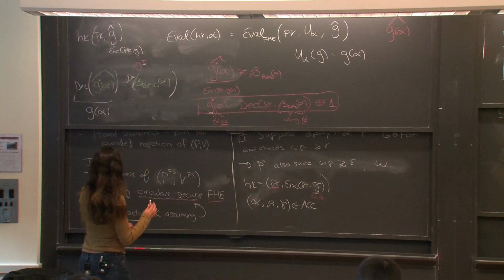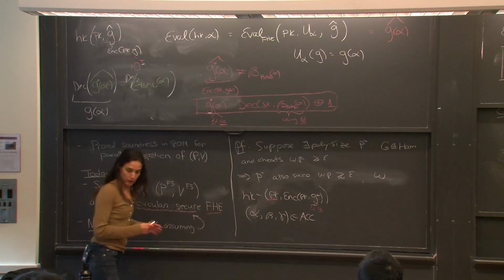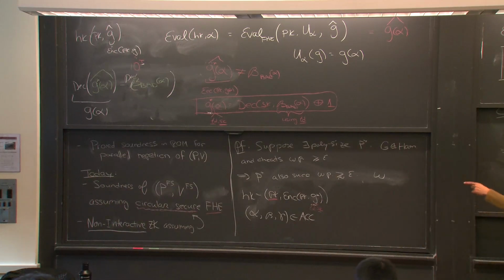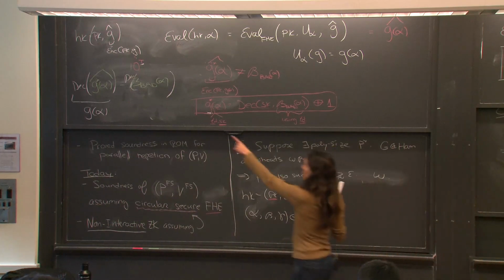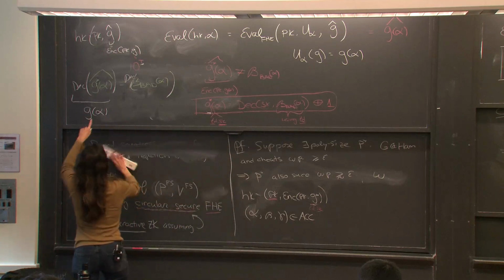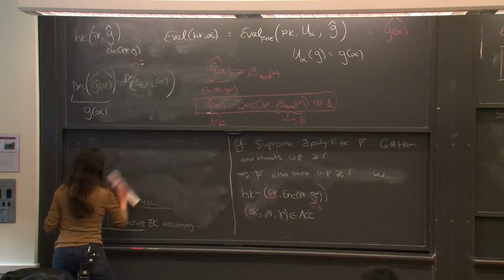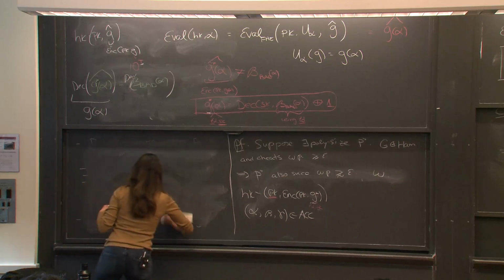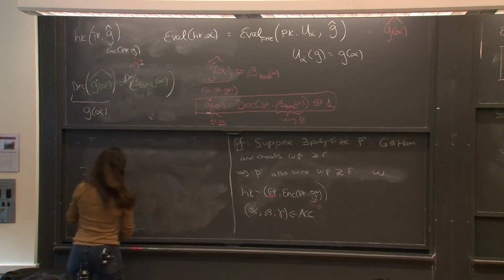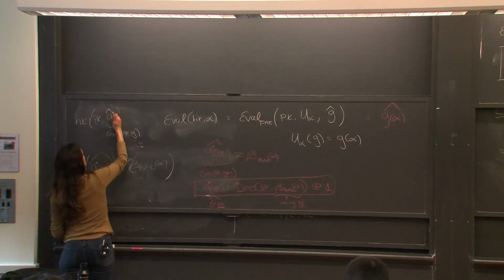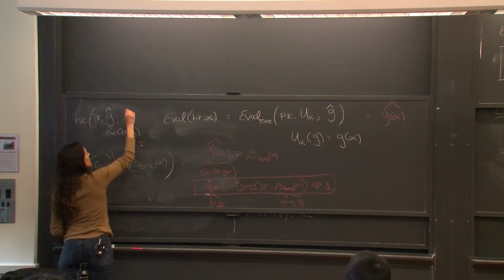Before, let me erase this, the hash key was exactly what we wrote there. That was the hash key. Now I changed the hash key. Now the hash key is going to be this and Z.